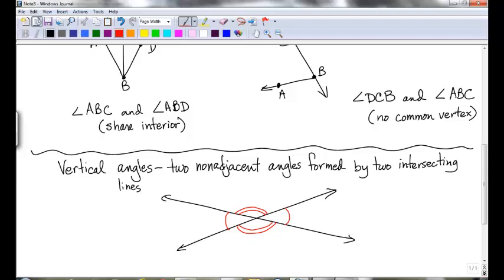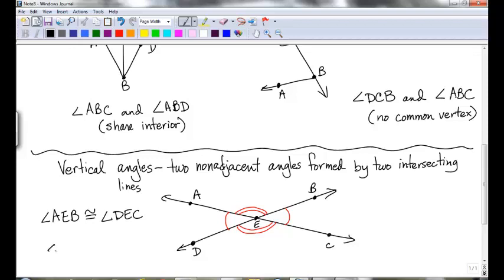Now the author labels them. Label this point A, this point B, point C, and point D. And let's label the vertex point E. So angle AEB, that's the bigger one, is congruent to angle DEC.